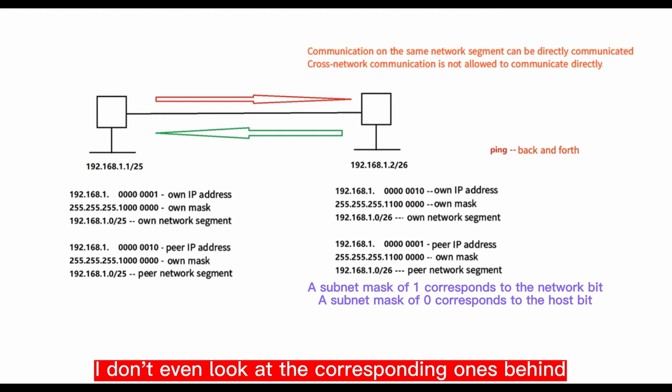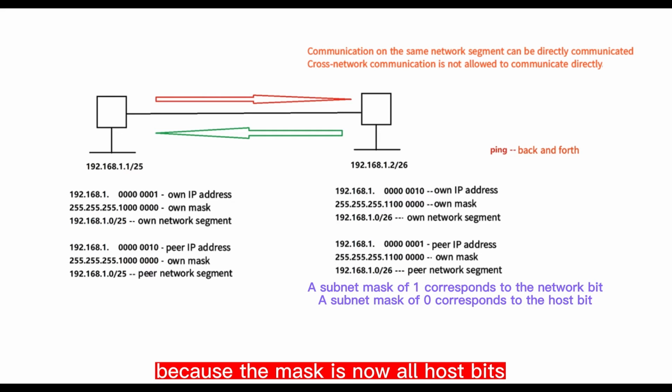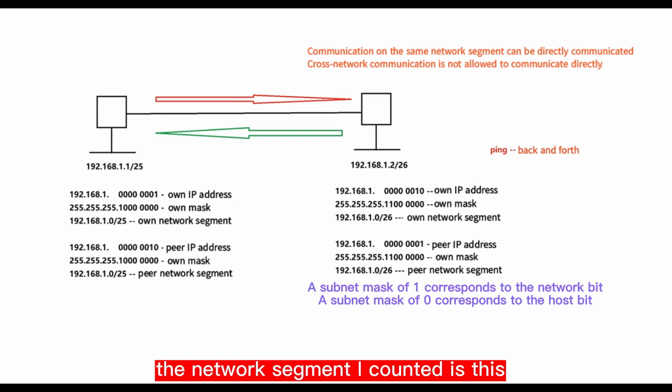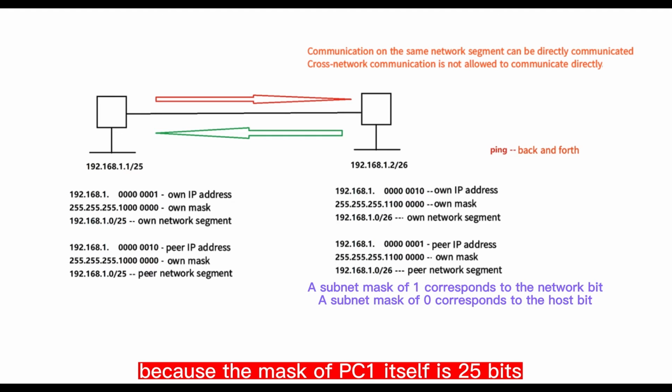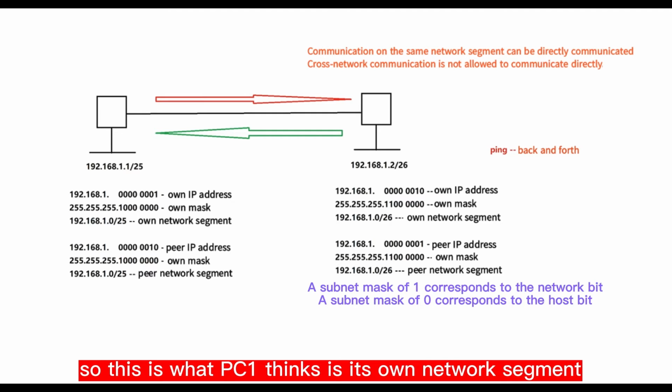I don't even look at the corresponding bits behind, because the mask there is all host bits. So the network segment I calculated is this. It is a 25-bit mask network segment, because the mask of PC1 itself is 25 bits. So this is what PC1 thinks is its own network segment.